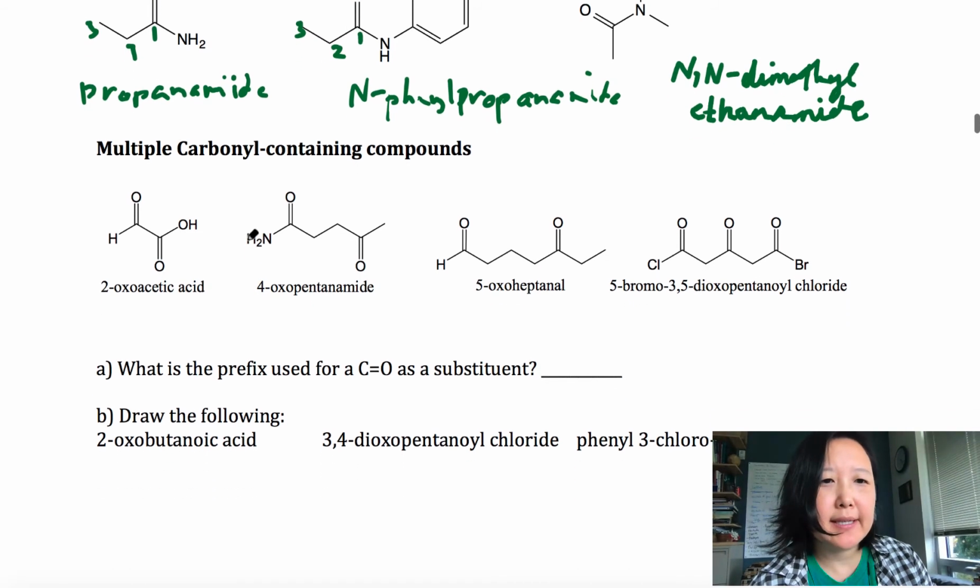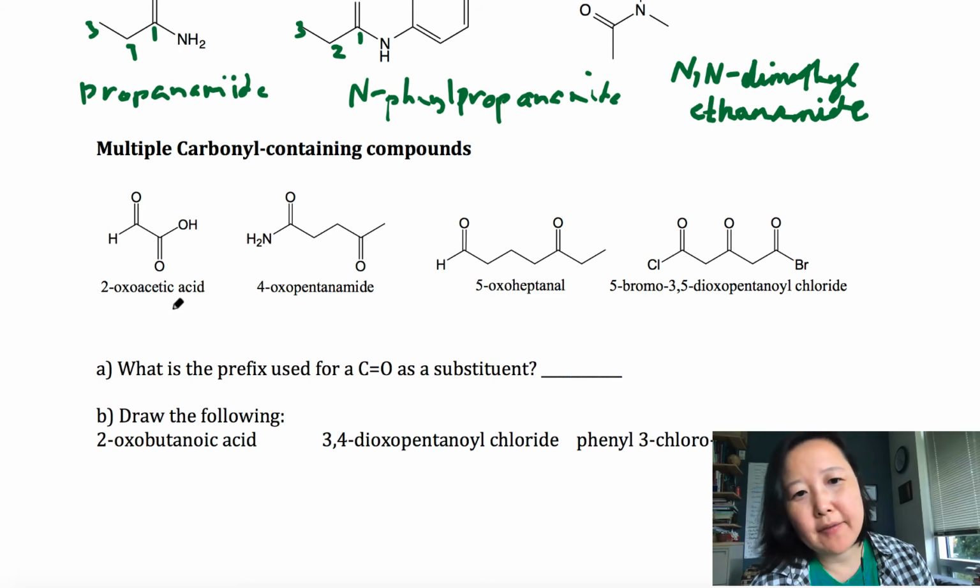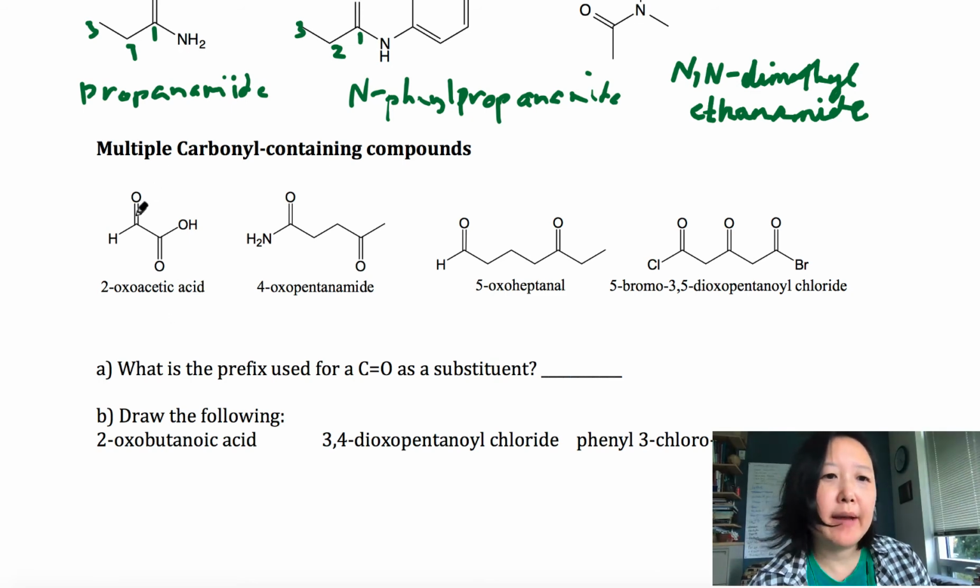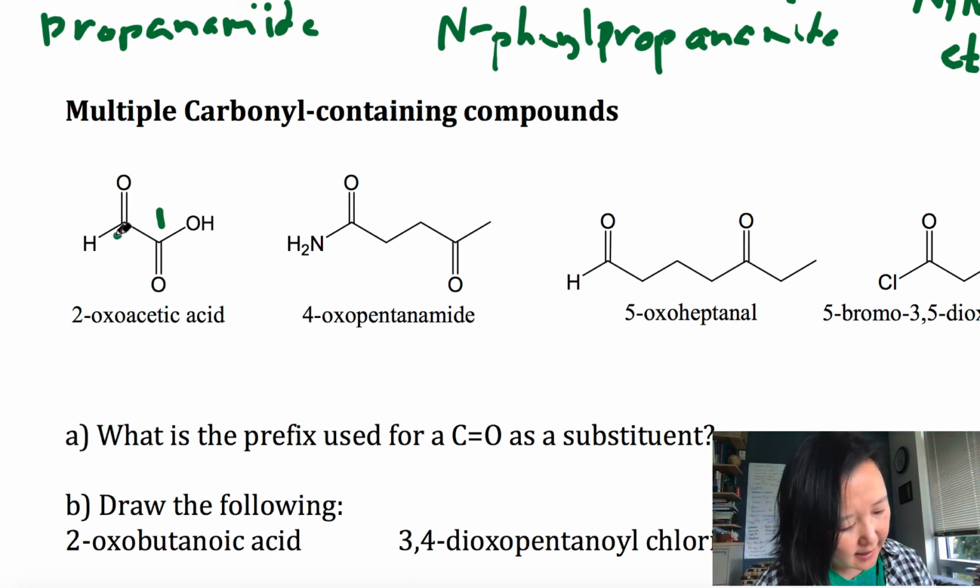So next ones are simply, how do you name carbonyl as a substituent, as something off the parent chain? So if I had an extra carbonyl, I would just name that as an oxo group. So here I have an aldehyde versus a carboxylic acid. Carboxylic acid is higher oxidation than aldehyde.